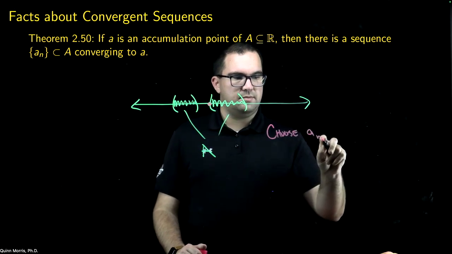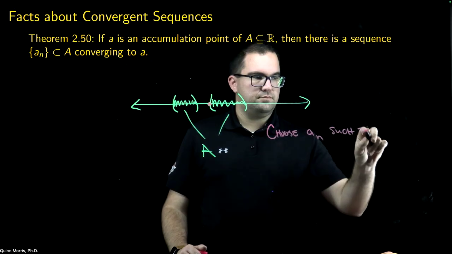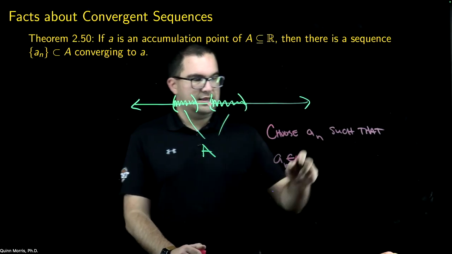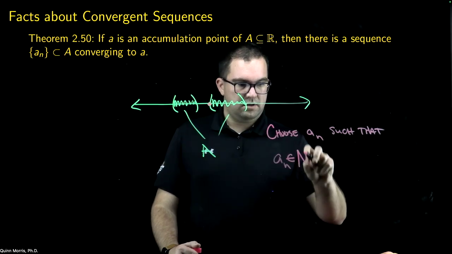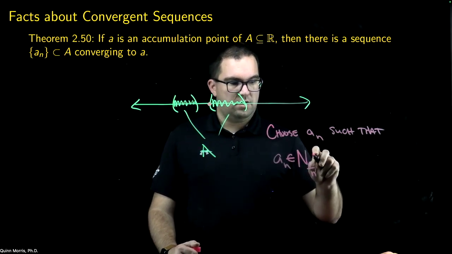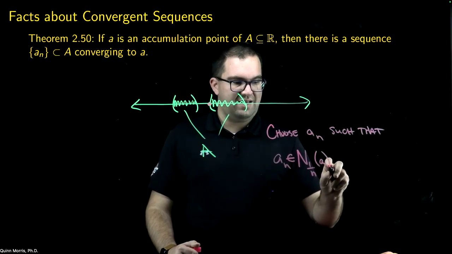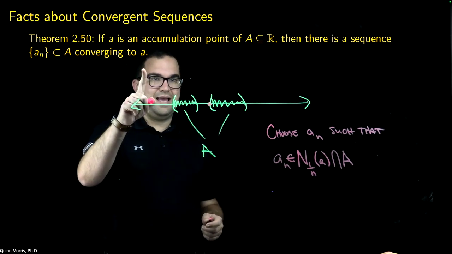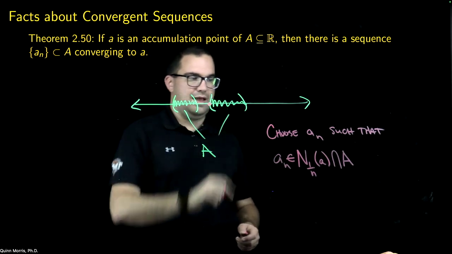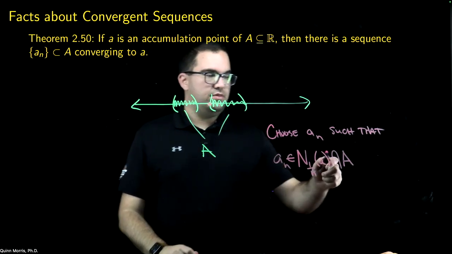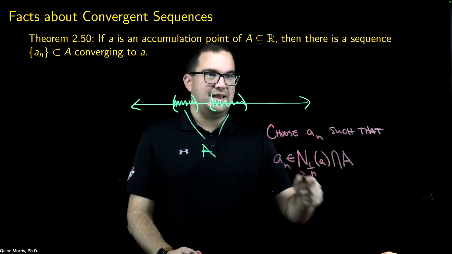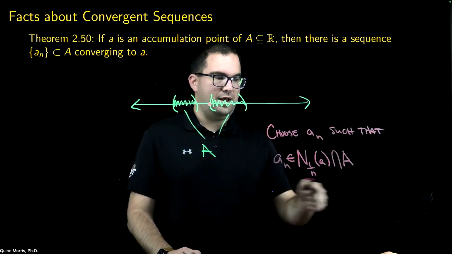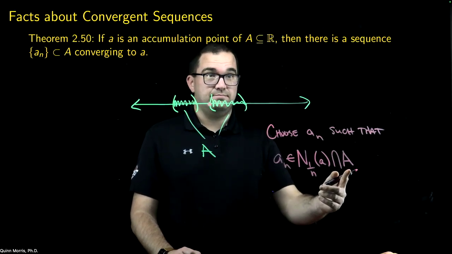I'm going to choose a sub n such that a sub n is in the neighborhood of radius 1 over n of a, intersect the set A. Now, because little a is an accumulation point of capital A, we know that this always contains at least one point. So I know that I can always choose an a sub n in this way. And by choosing it in this way, it's definitely in A.